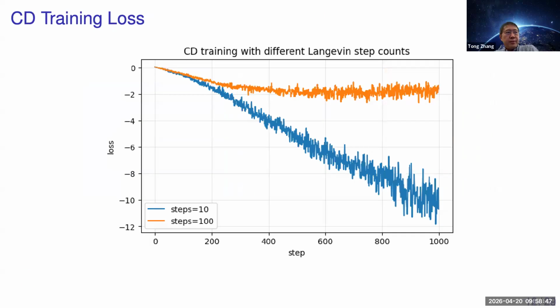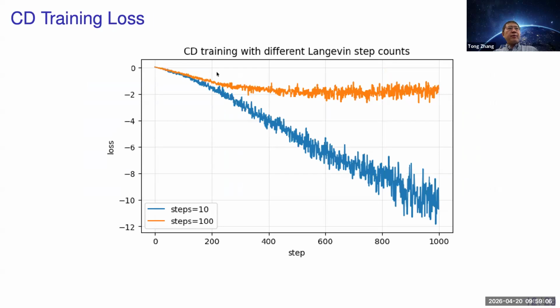So here is the training loss, with 10 steps versus 100 steps. You can think of the training loss as an approximation of your MLE, or negative log likelihood. The lower, the better in some way.